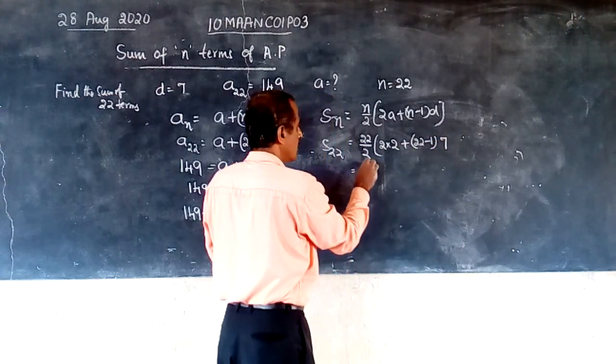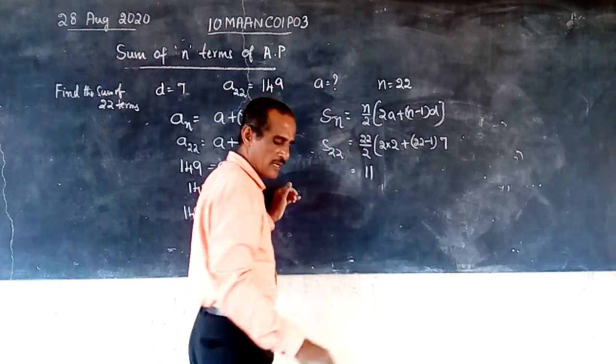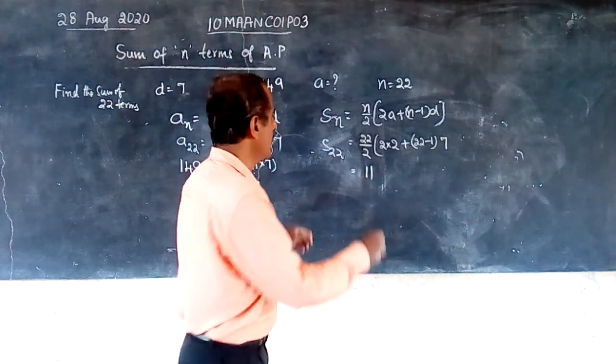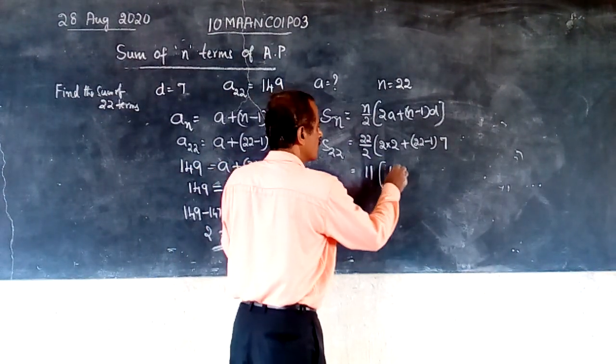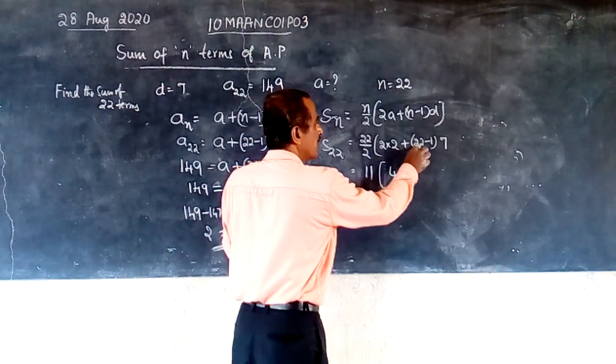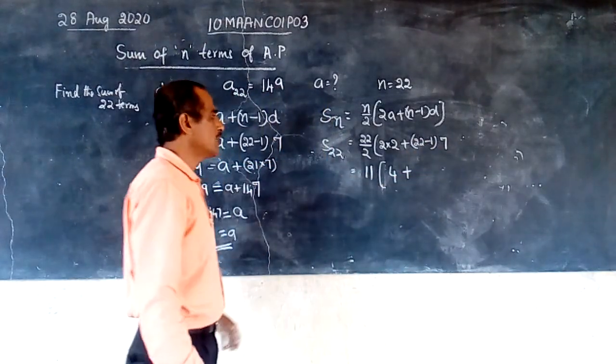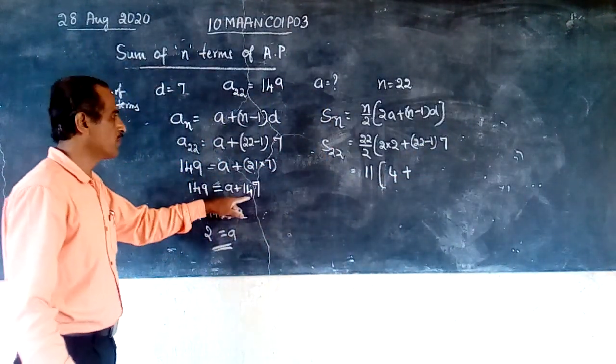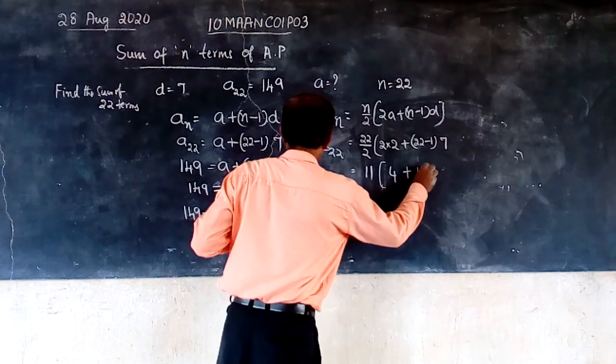That is 11 into 2 into 2 is 4 plus 21 into 7, which is 147.